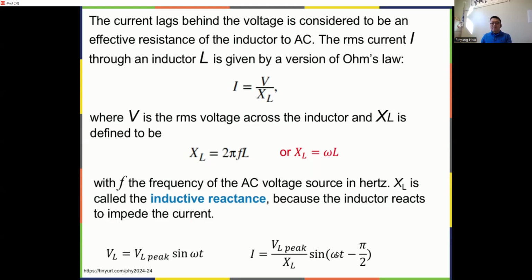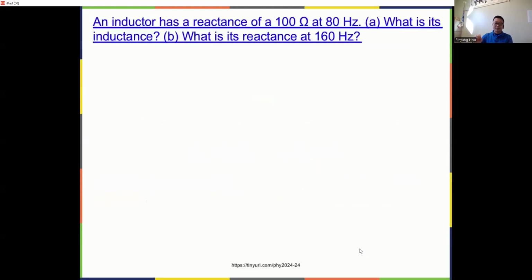So if this is pi over 2, then this is 0, and another pi over 2 later, it will peak. So this is the expression for that. Both are sine functions, but there's a shift of angle in the argument. The phase shift gives you the lag of the current behind the voltage by 90 degrees or pi over 2.